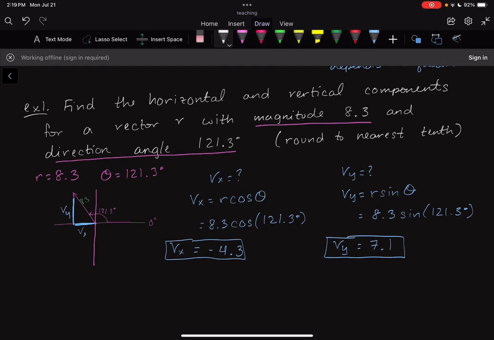Now be careful here. Sometimes I saw some problems that ask for the magnitude of these values.